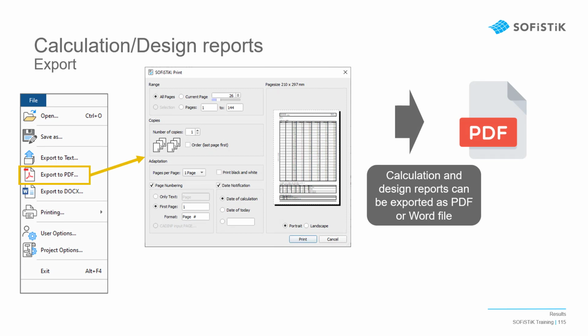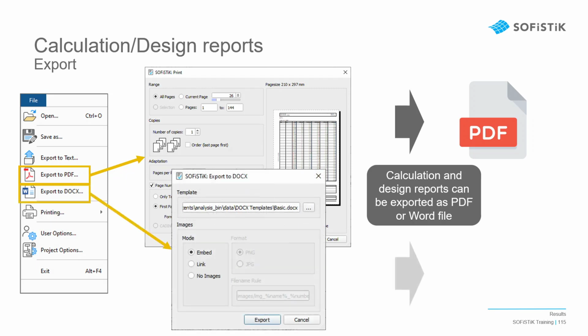But a more interesting function is the export to the Word format docx, which allows you to further format the document according to your needs. You can use an existing Word template with your logo and fonts, and all images will also be exported as embedded pictures for an ideal integration of all the required data into your final document.